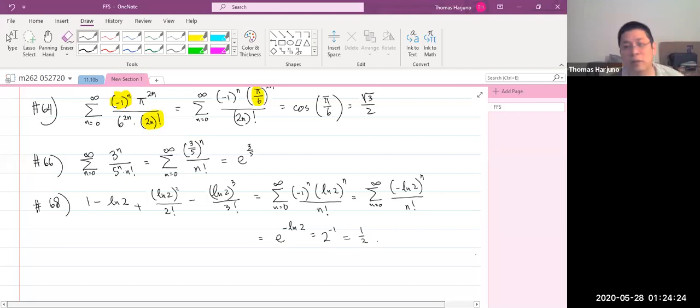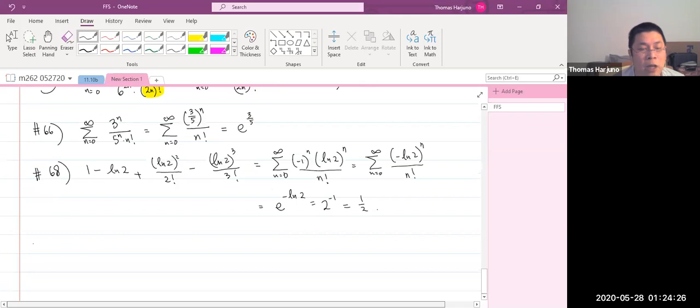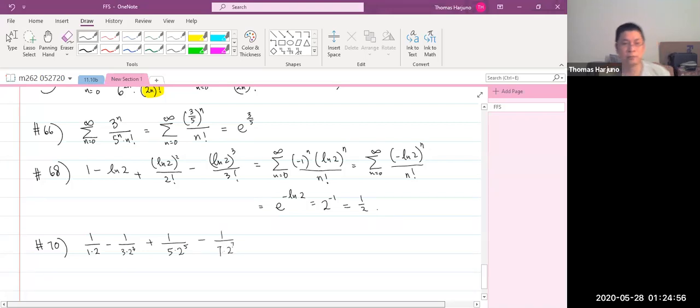Do I want to do more? How about number 70? They look so ugly. Last one, number 70. I don't want to do any more. So 1 over 1 times 2 minus 1 over 3 times 2 cubed plus 1 over 5 times 2 to the 5th minus 1 over 7 times 2 to the 7th, and on.